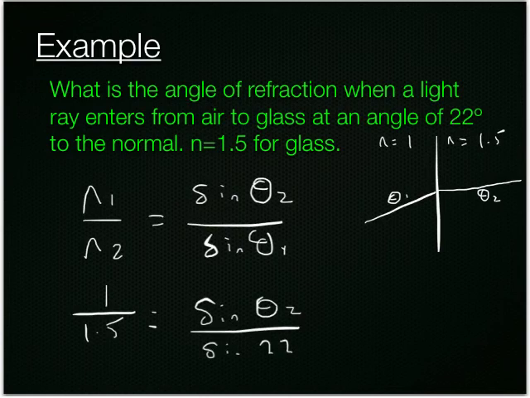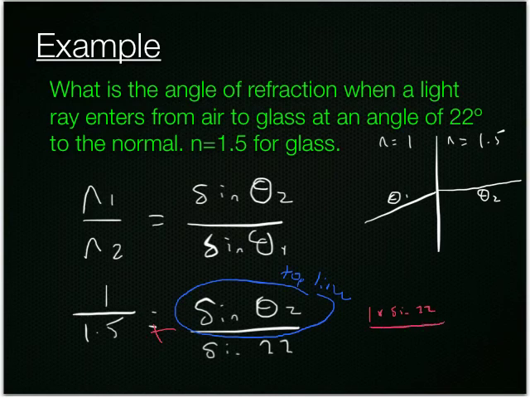So now how can we solve this? Well, what we want is this value here. So to get this one that's on the top line, you must multiply everything else. So it's going to be 1 times sine 22 divided by 1.5 is equal to sine theta 2.